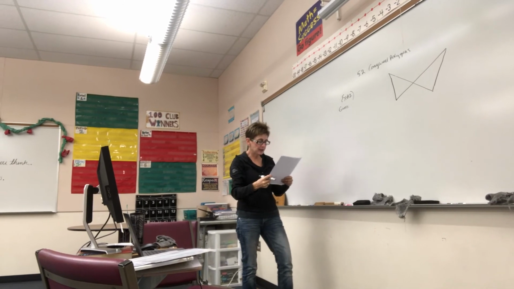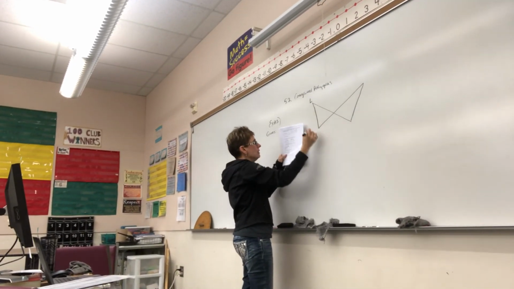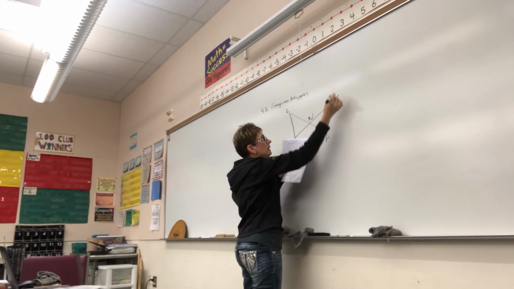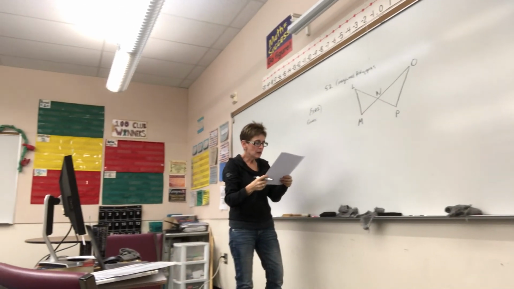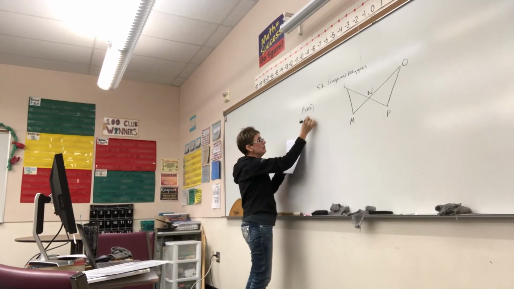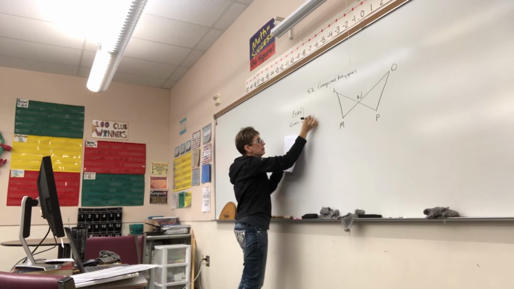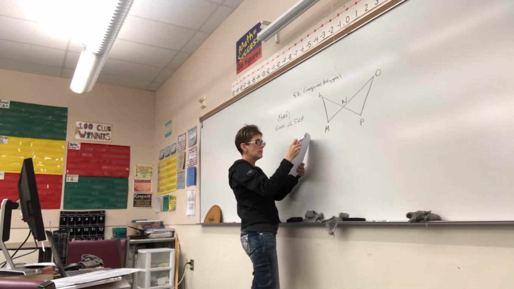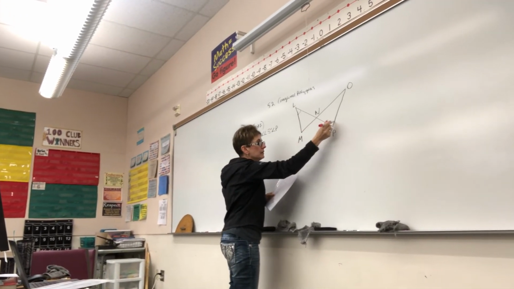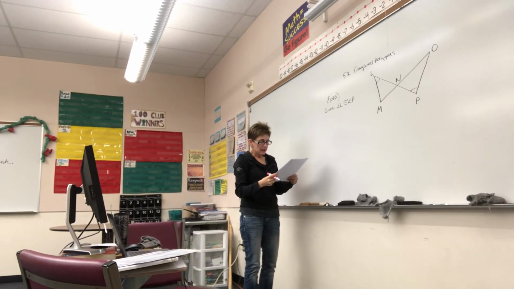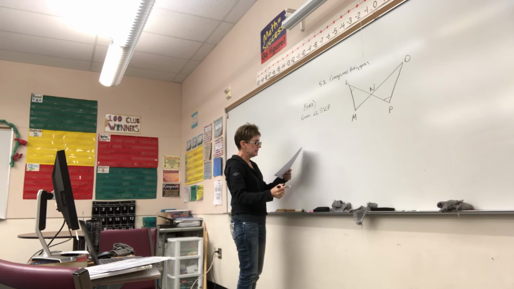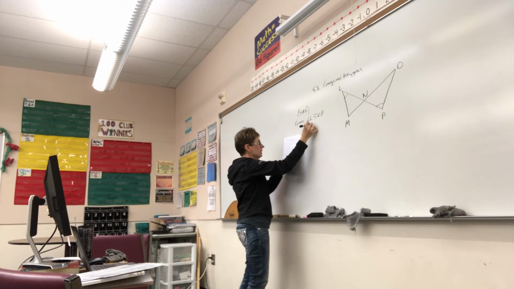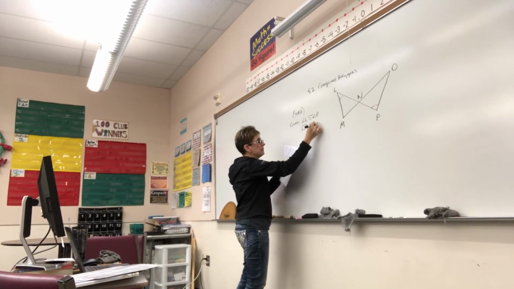The given for this, and let's label the angles here, L, M, N, P, and O. The given is that angle L is congruent to angle P. So I'm going to take my marker and put an arc on L and P. And then it also says that segment LM is congruent to segment PO.